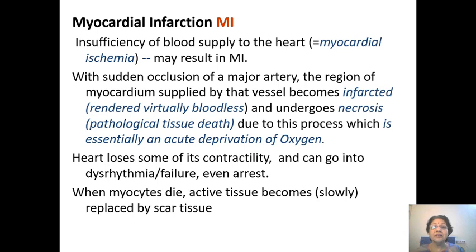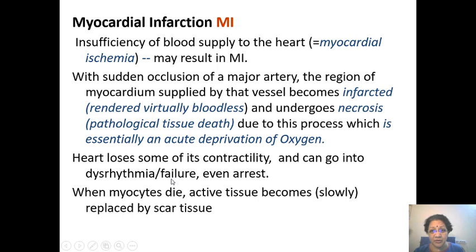That failure results in the aorta not filling up with sufficient cardiac output and therefore not being able to perfuse the entire body. That's called cardiac failure. So all of these are outcomes of this pathological tissue death because of the infarction process. So losing some of your contractility can result in dysrhythmia, heart failure or cardiac arrest.